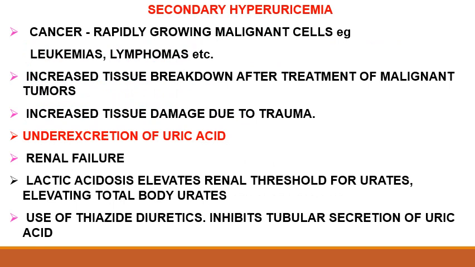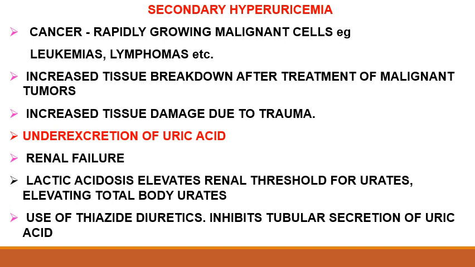Now, what is secondary hyperuricemia? The secondary hyperuricemia could be due to cancer or rapidly growing malignant cells like leukemias or lymphomas, because of increased tissue breakdown after treatment of malignant tumors or increased tissue damage due to trauma.